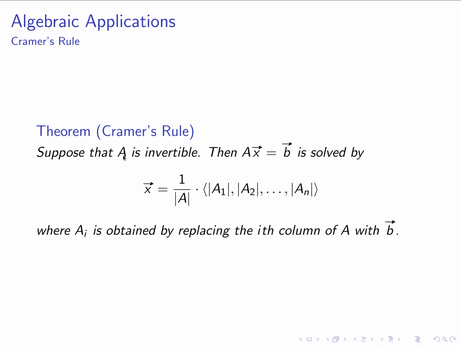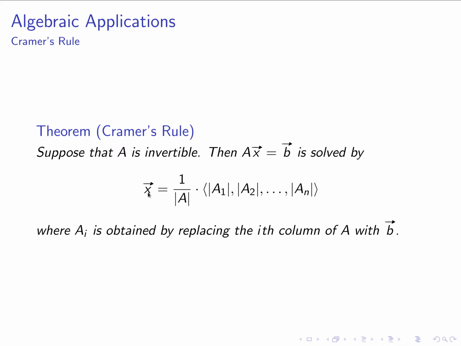Let's say we are studying an invertible matrix A. Then let's say we're studying a system of the form AX equals B. It turns out that each of the coordinates of the one solution to this system, X, can be calculated by only using determinants.